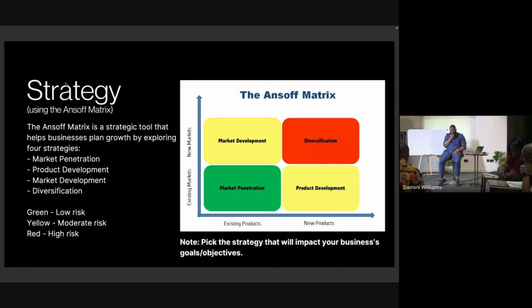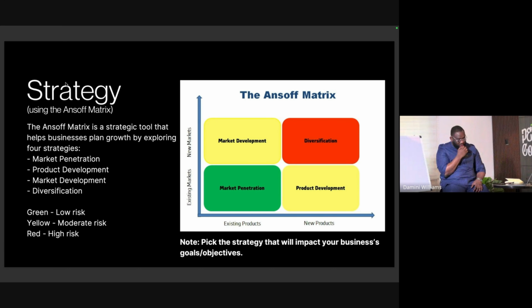If you've been selling a particular product or a particular group of products in the past and they were not working, maybe it's time for you to test a new product. So that's product development. If you decided that, let's say you run a digital marketing agency and your audience is mostly people in Anambra.